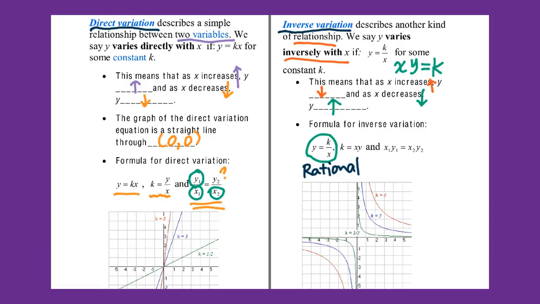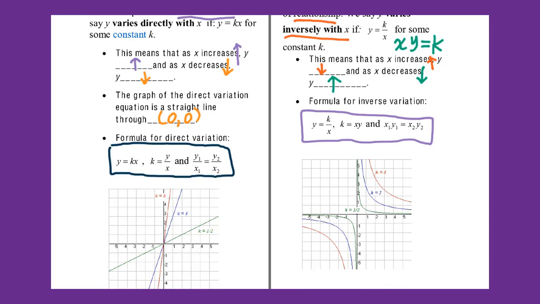If you're looking for the constant number, we do multiplication to get the constant. If you are given three values and looking for the fourth value of a variable, then use this formula. From the graph, you can see this is a rational function.